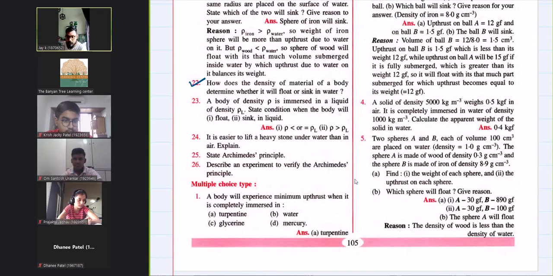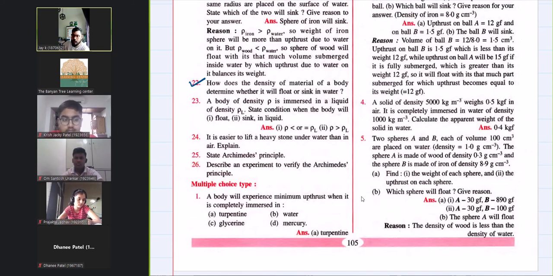Density means mass per unit volume, right? If more mass is packed in a given volume of a body, then it has more density. For a given volume, greater the density, greater will be the mass. Greater mass means greater weight in the downward direction.